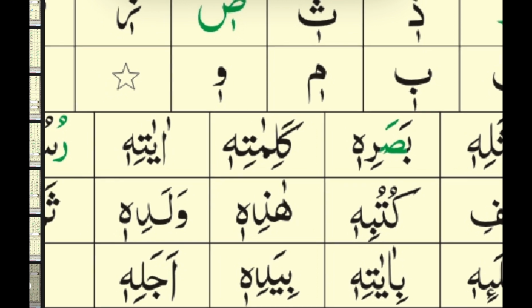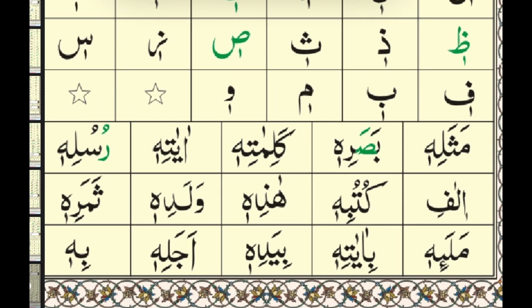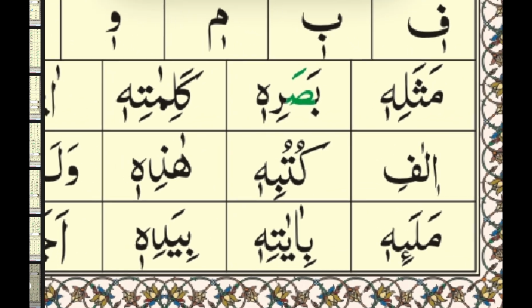Now remember, when it goes under the letter and the mad is there, it is still two haraka. It does not change, unless it is the normal kisra, then it is less than one haraka. So now let's move on to these.